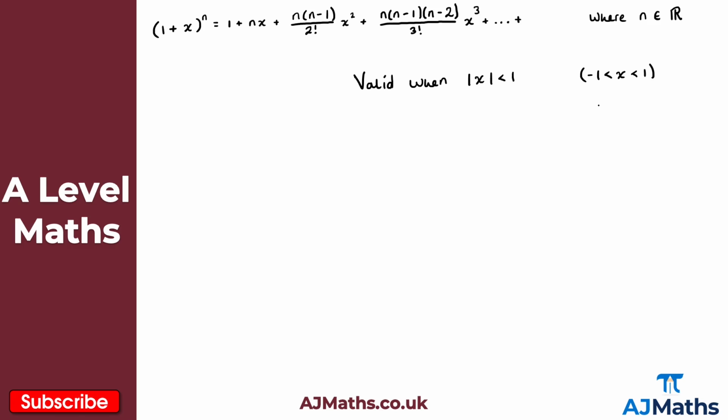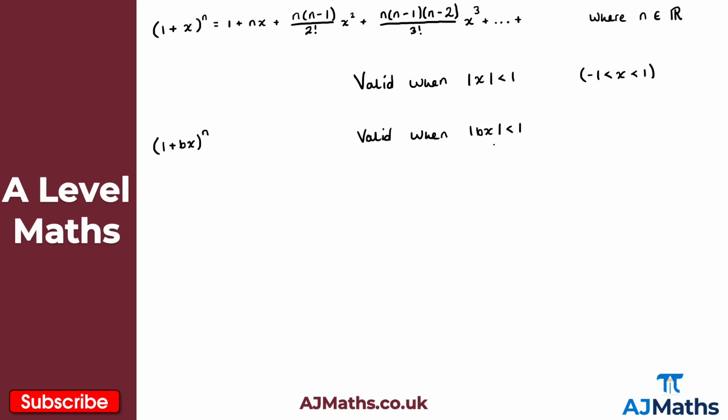What about if we're expanding something of the form (1 + bx)^n? How does that affect the validity? Well, this would be valid when mod bx is strictly less than 1.